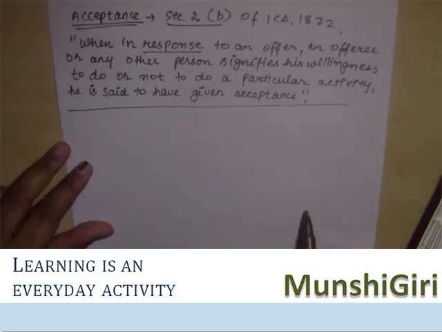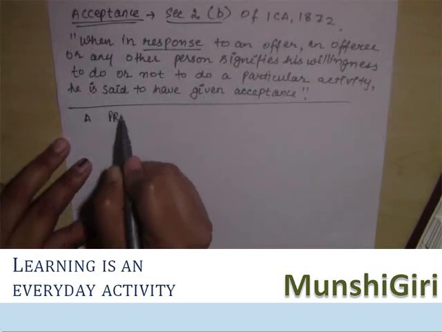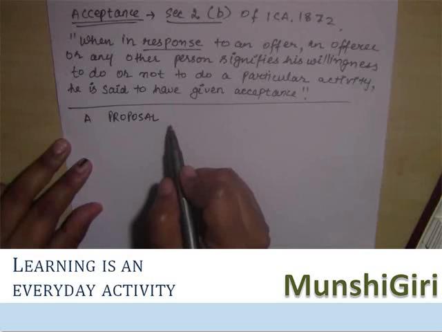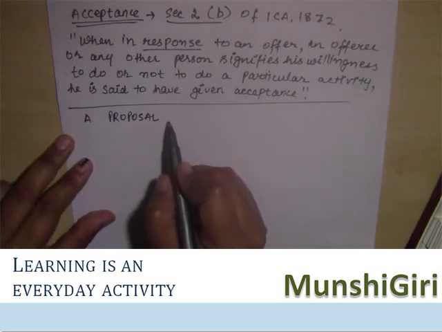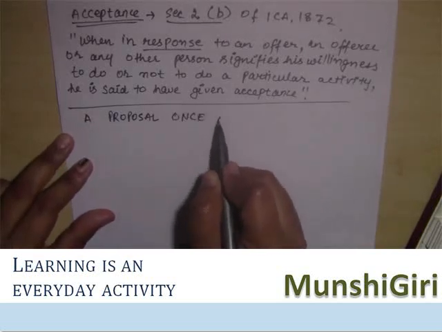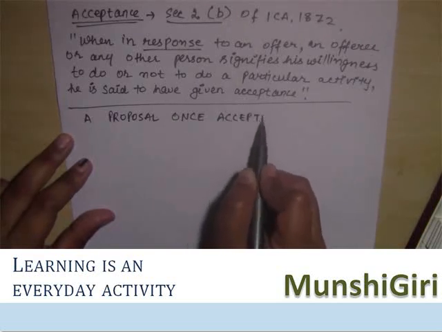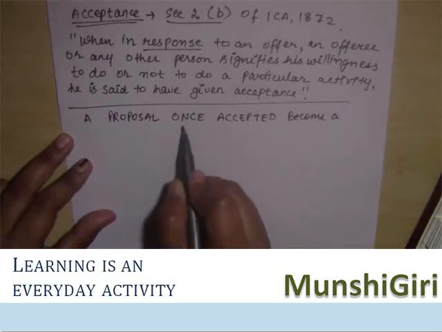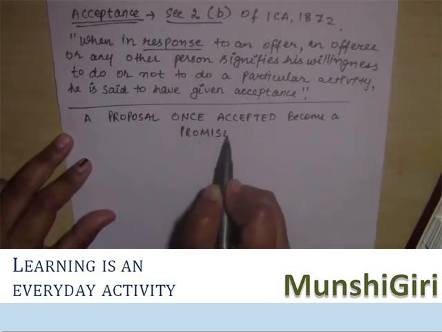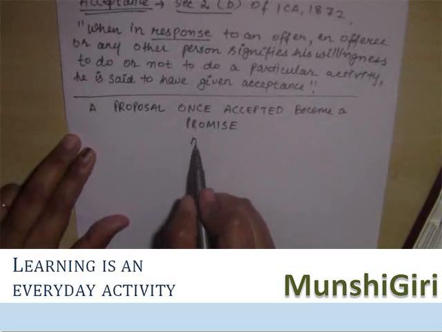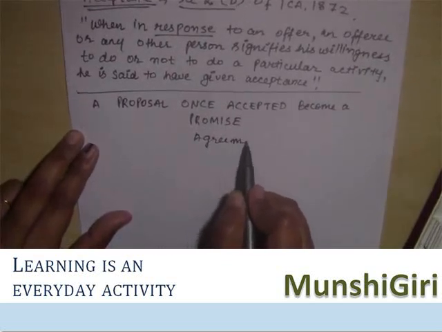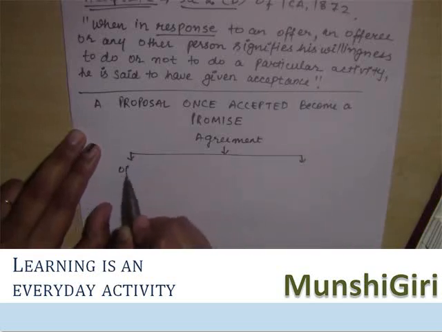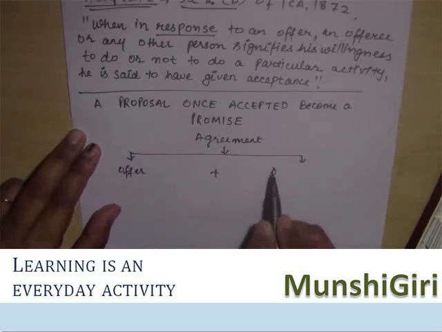Moving on, we have a proposal once accepted becomes a promise. Becomes a what? Becomes a promise. So under the agreement we had two things. First was offer and the other was acceptance.